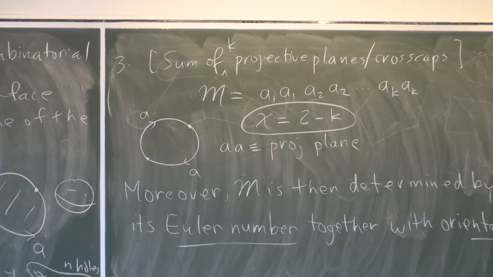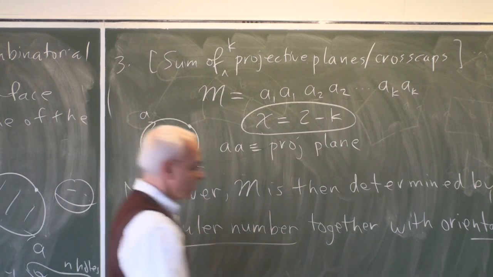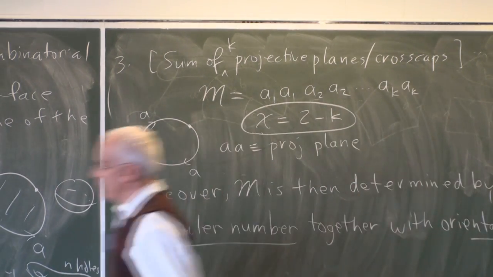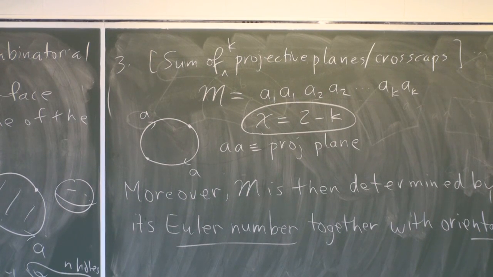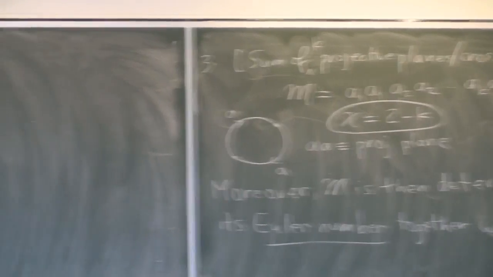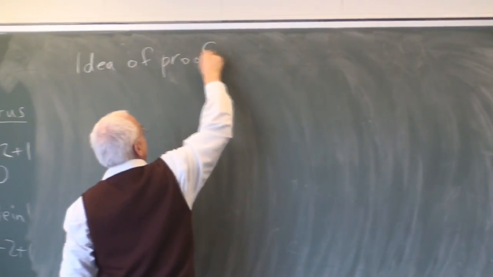Okay, so I'm going to give you a traditional proof, and then we're going to have a look at another proof a little bit later. We'll look at the details of the proof in the next lecture, but let me just give you the idea of the proof first, or the outline, so we know where we're going to go.